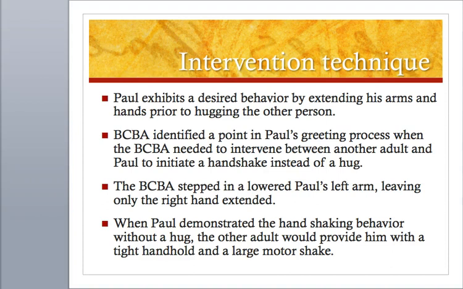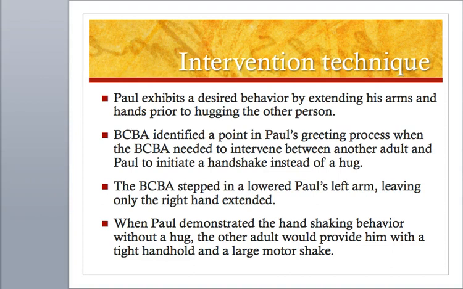So Paul exhibited this desired behavior of extending his arms, requesting a hug from another person. And so they identified a point in his greeting process when the BCBA would intervene between the other adult and Paul to initiate a handshake instead of a hug. And so what would happen is, as Paul would come up and his arms would begin to rise, the BCBA would hold his left hand down and allow his right arm and his right hand to extend.